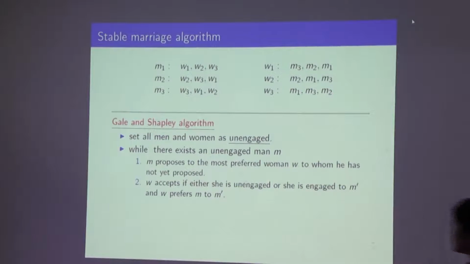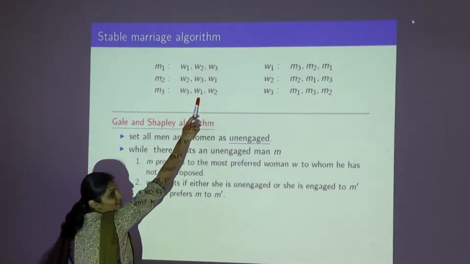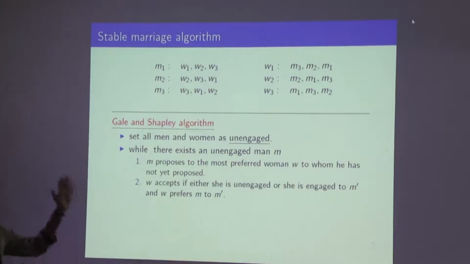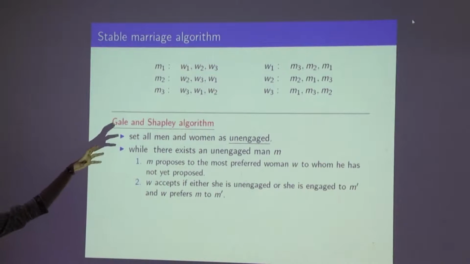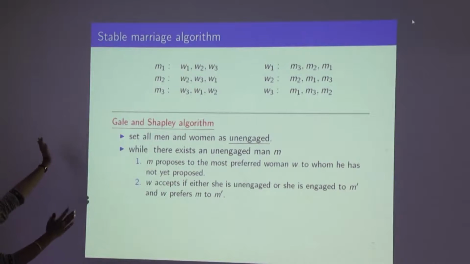Let's say every man is keeping a counter saying that till now I have proposed to these women, and if a woman rejects me, I am only going to go ahead. I am not going to propose again to women I have already proposed to. I don't know whether this happens in real life or not, but this is the algorithm we are going to follow.